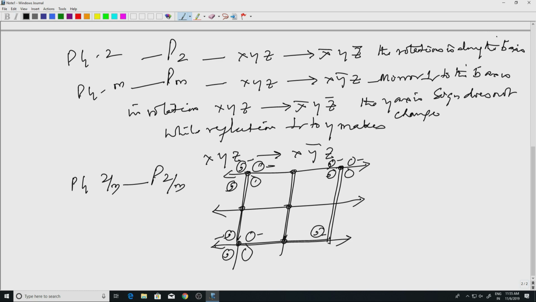Similar inversion here. So we can see the inversions are getting generated at 0, 0, 0, half 0, 0, 0, half, 0, half, half in the projection.